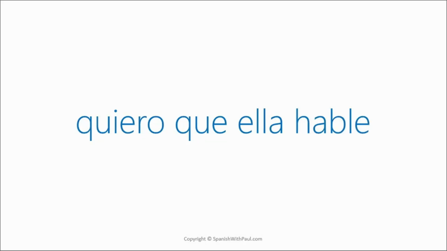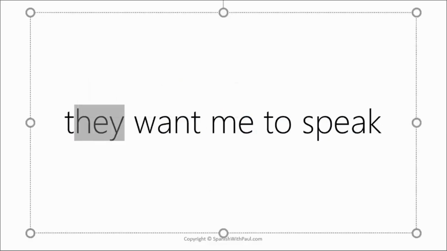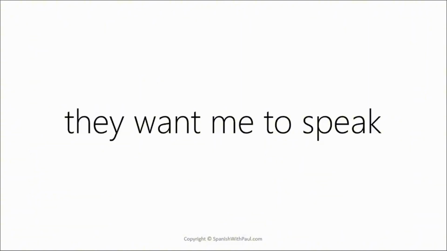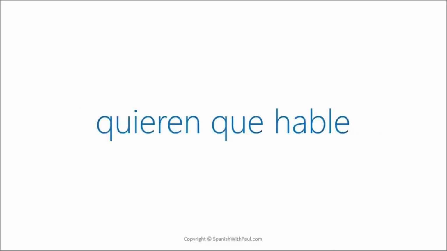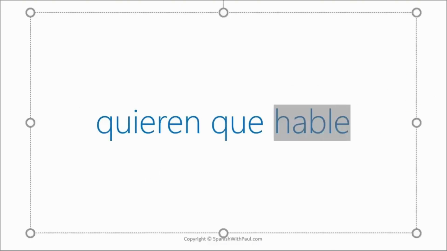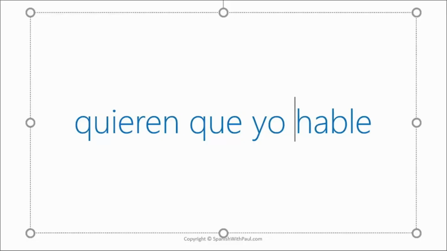Now, in the last case, we have they want me to speak. We can't say I want me to speak, right? So we had to change the angle to they to give us an example we could work with. So again, you might say quieren que hable. They want that I speak. But if it wasn't clear, or if you wanted to emphasize it, this is where you throw in the yo pronoun.